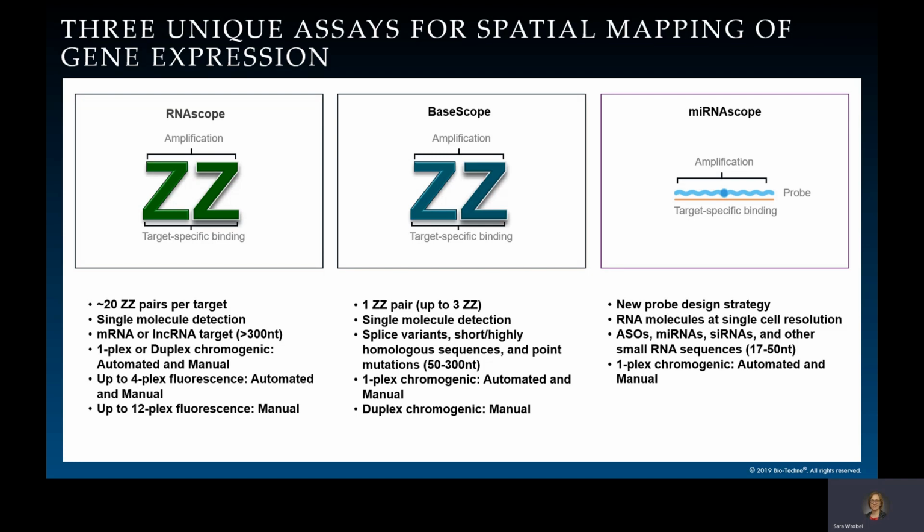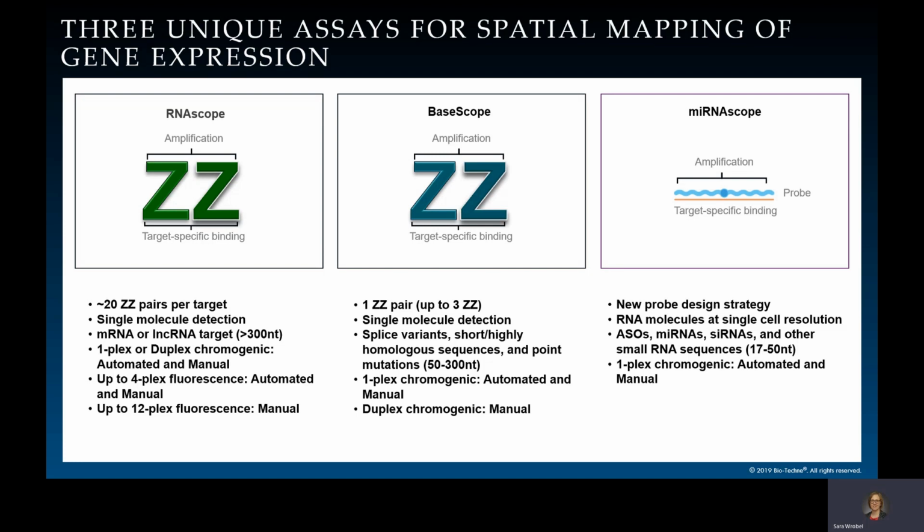And then finally, we have microRNAscope. This is one of the newest innovations in our technology, which has a completely new probe design strategy and allows RNA detection at a single cell resolution. And importantly, miRNAscope allows the detection of much smaller sequences of RNA, everything from 17 to 50 nucleotides in length.